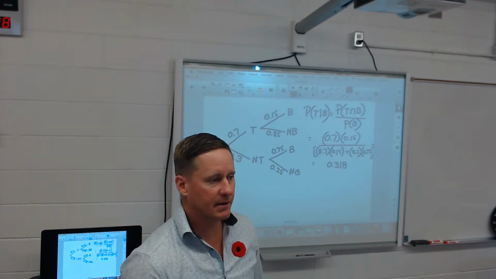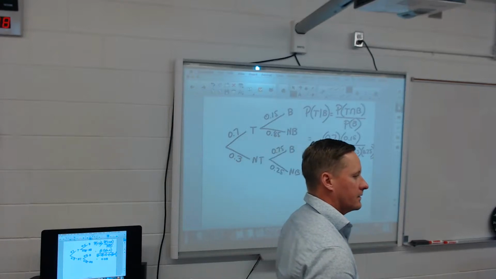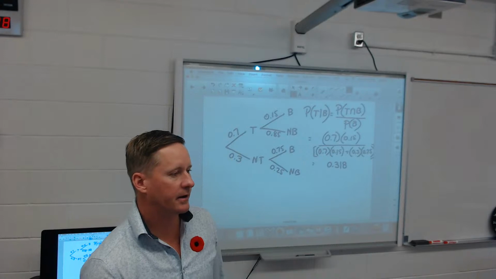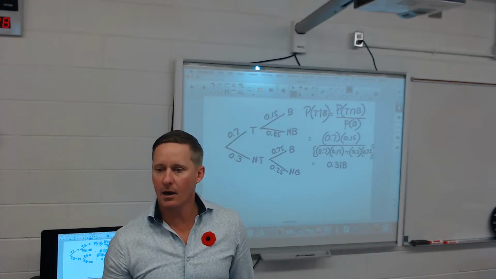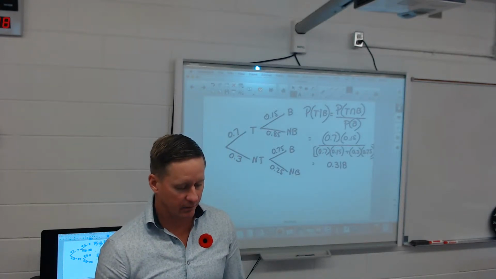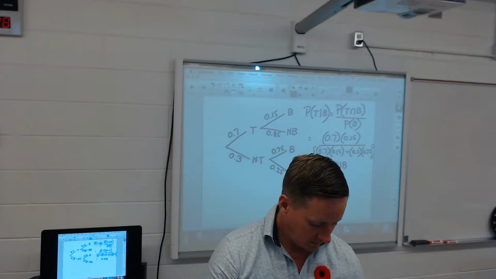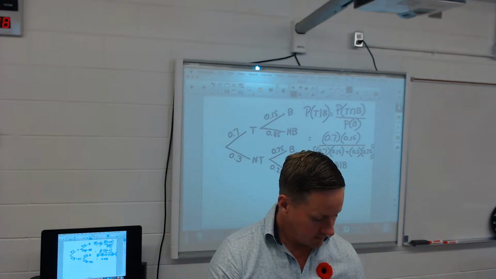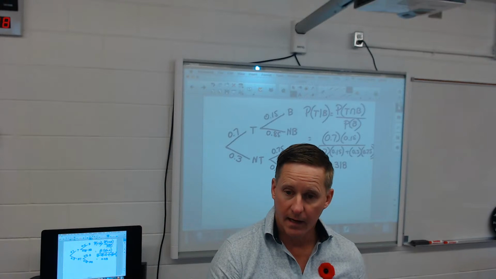This concept will seem confusing to you, but it's very straightforward when you consider you have to eliminate some of the outcomes in order to solve for that. All right. Any questions?